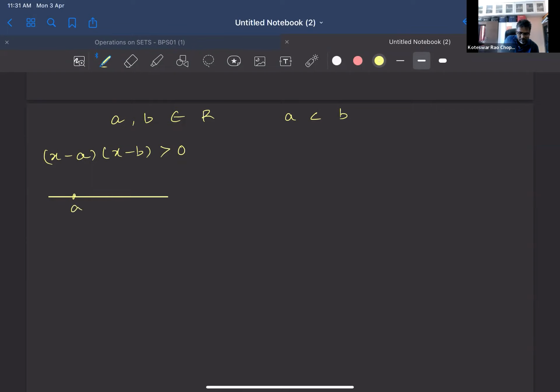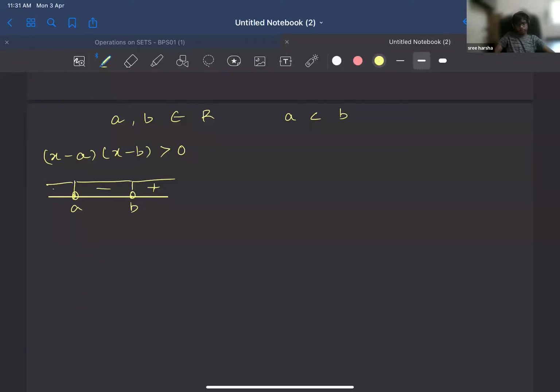Critical points are A and B, but they are not included. Okay, so if I take any value greater than B, this will be positive. Any value between here and here is negative, and this is positive.